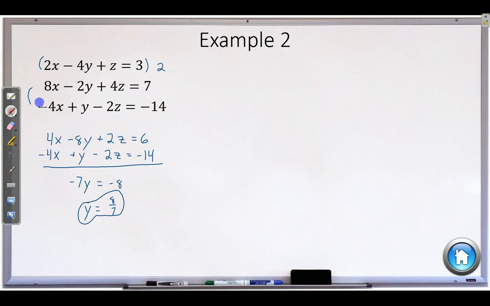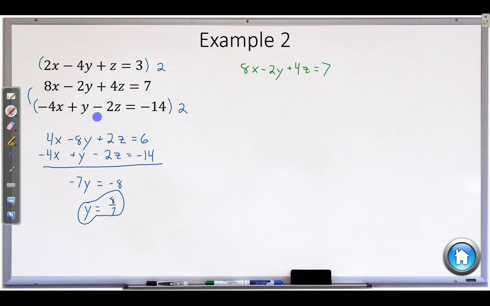In order to do that, I need to take this one and multiply it times 2. That means this will become an 8, and these will then cancel out. Let's take a different color this time. So I'm going to write the top one first. 8x minus 2y plus 4z is equal to 7.